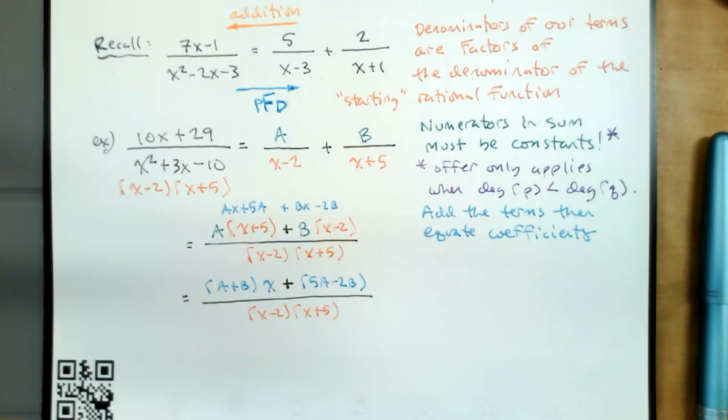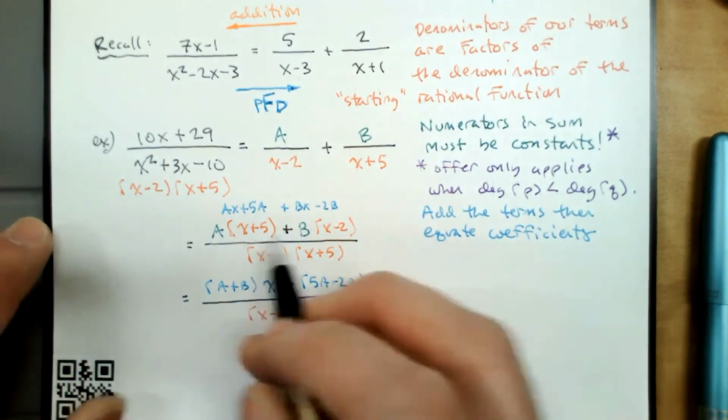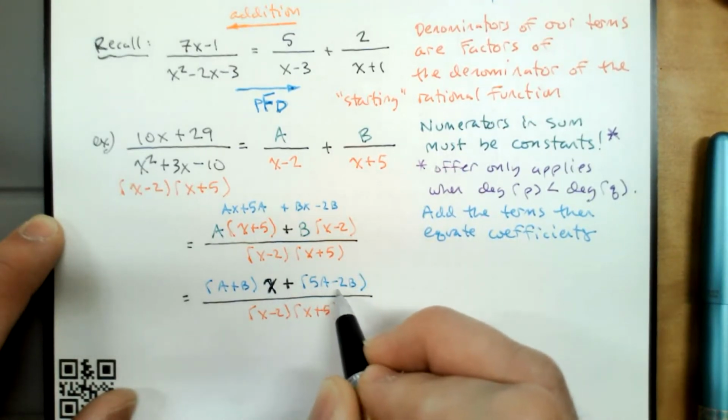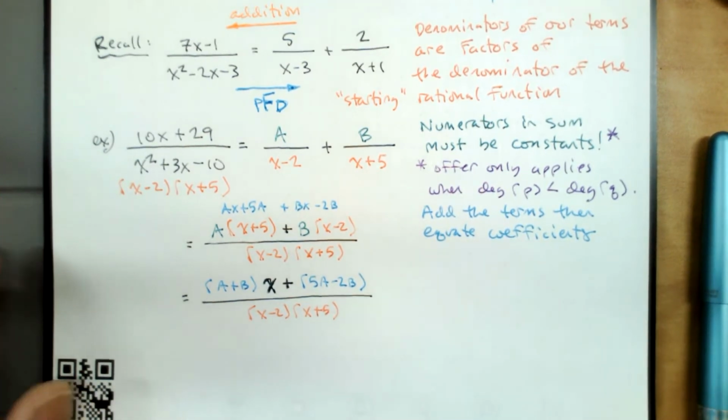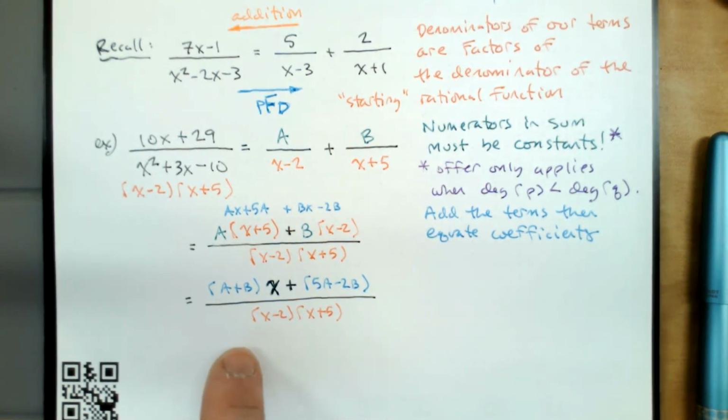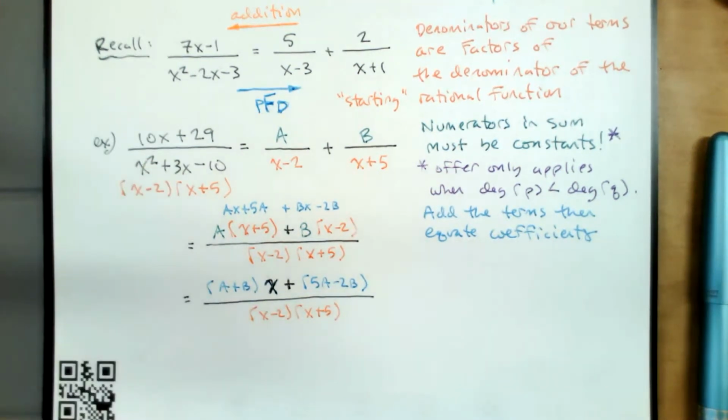So what we see is that A plus B is the coefficient of the x, and 5A minus 2B is the constant. Now what we need to do is remember that this fraction that we just put together is still equal to what we started with, 10x plus 29.